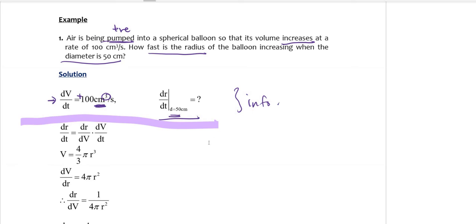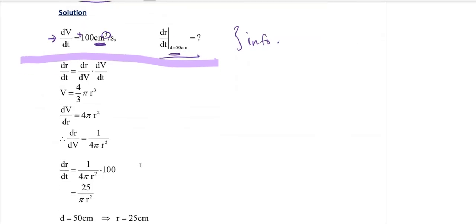First we need to derive the chain rule equation. We want to find dr/dt and we know the value for dV/dt. So here it would be dr over dV.